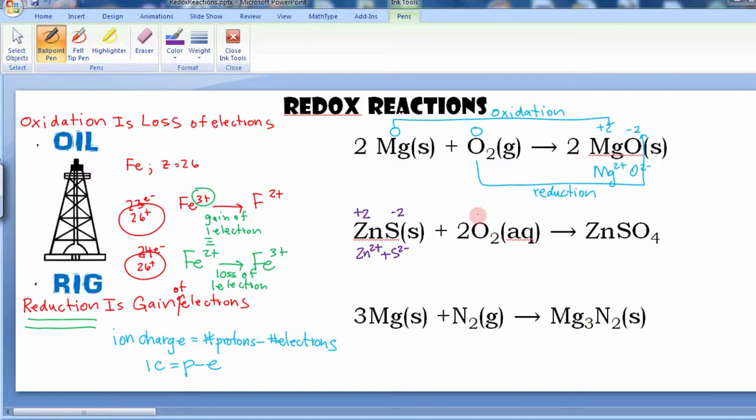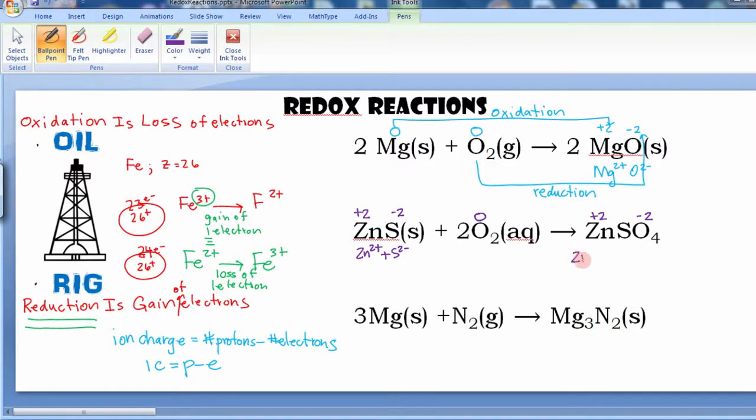Oxygen in its elemental state is 0. Here, oxygen in this compound would be minus 2. Zinc is plus 2. And we could solve for sulfur using the same routine we did in the last video.